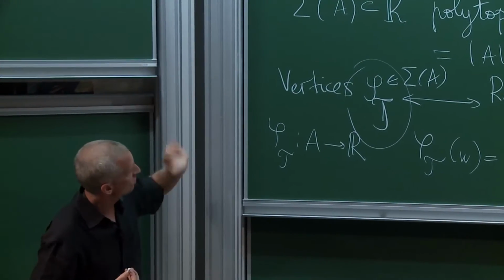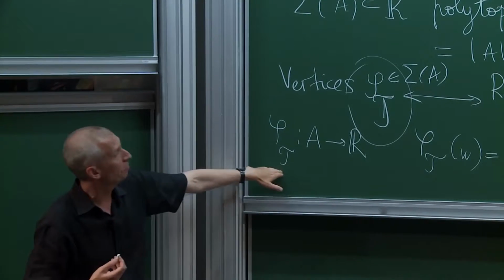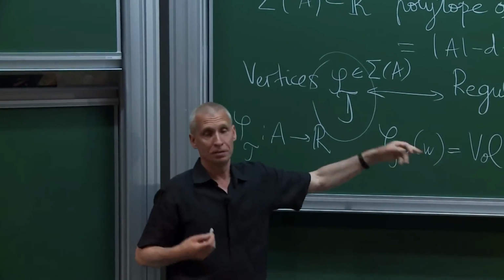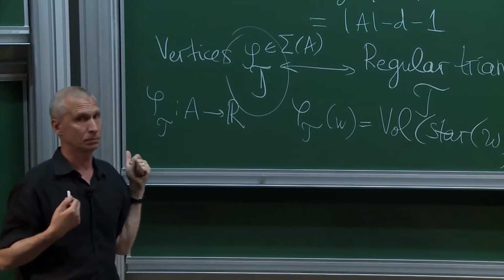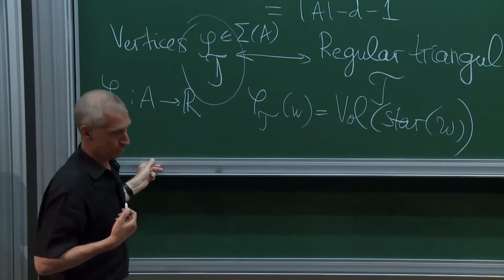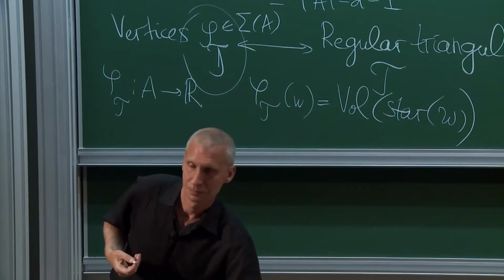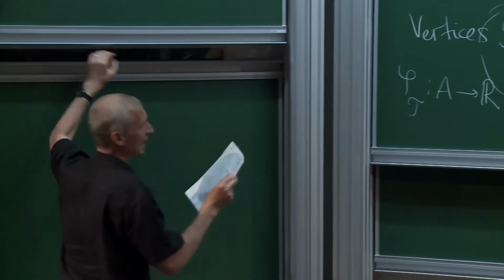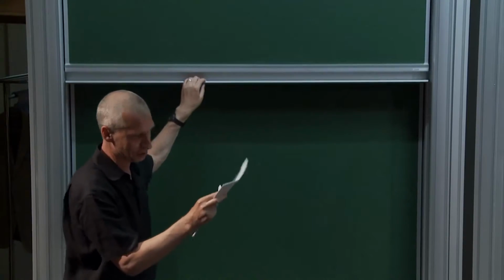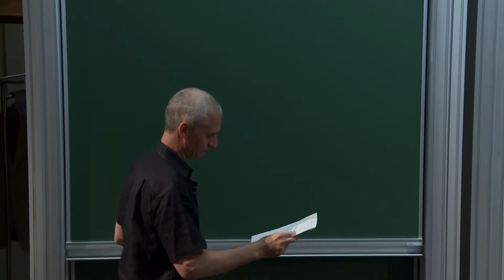To each triangulation, we can associate an individual function, which to every point associates the volume of the star of this point. It's a mysterious definition. Yes, it is mysterious. I'll say a little more in the remainder.